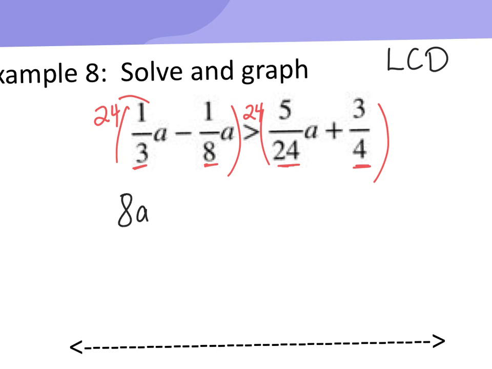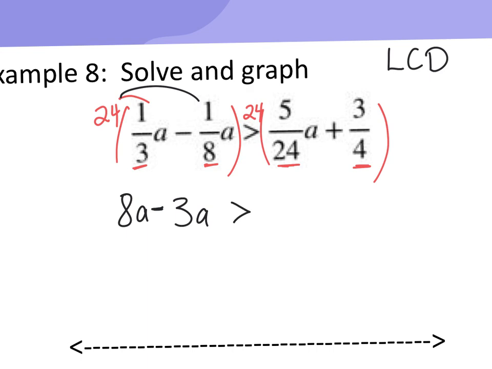And we still have an A there. Okay, 24 times 1 divided by 8. 3, and this is a negative 3a, correct? Keep the sign, keep the variable.